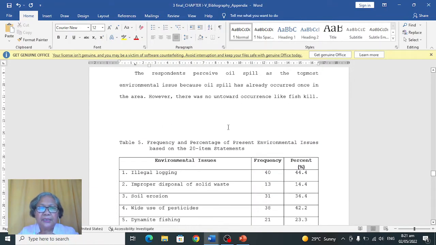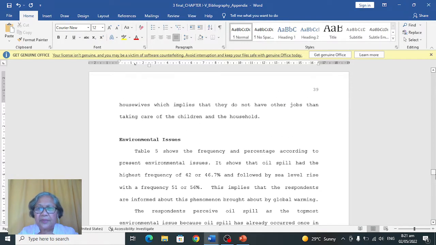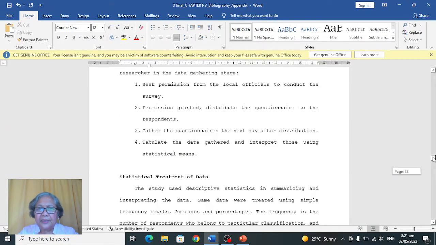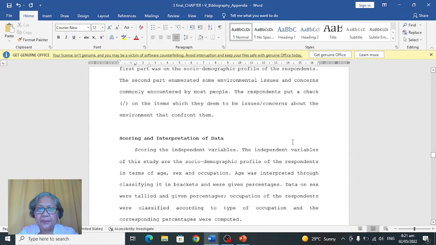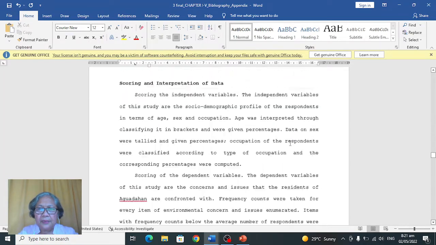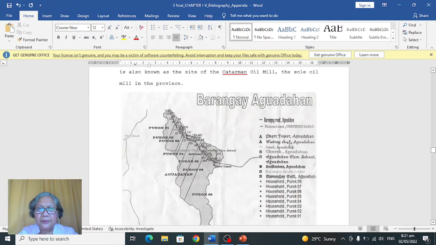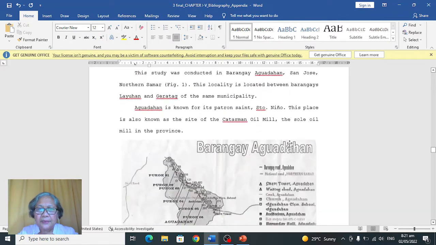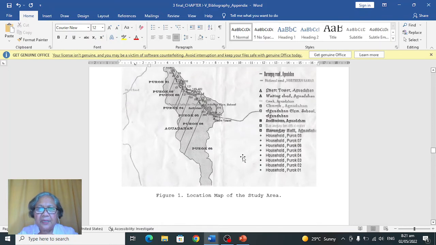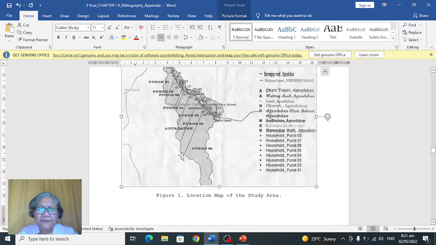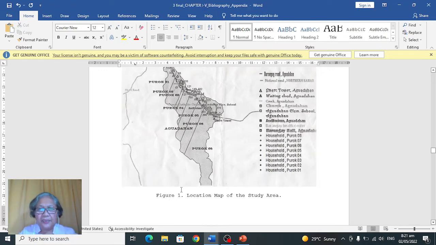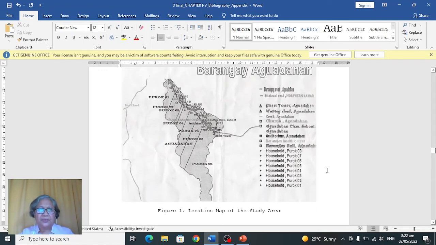So, in the same manner, graphs, for example, are okay. So, here is a presentation of the map. Again, if it is a map, it is referred to as figure, and the title of the table, the graph is below the picture or below the illustration.